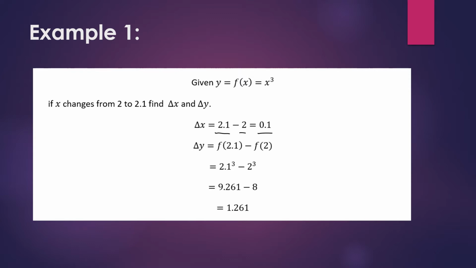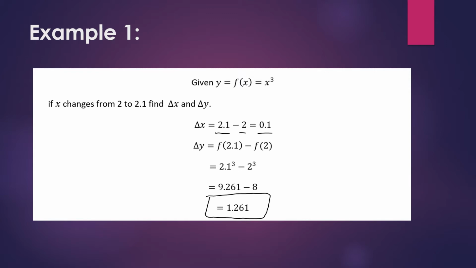Delta y, the change in y, is what would happen if we plug in the values of x. So if I plug in 2.1 into f of x, I'll get f of 2.1 minus f of 2. The function is x cubed, so this would be 2.1 cubed minus 2 cubed, which we're going to need a calculator for, but 2.1 cubed is 9.261, 2 cubed is 8, and then the difference is 1.261.